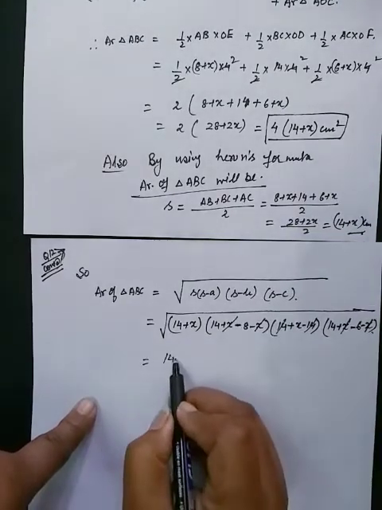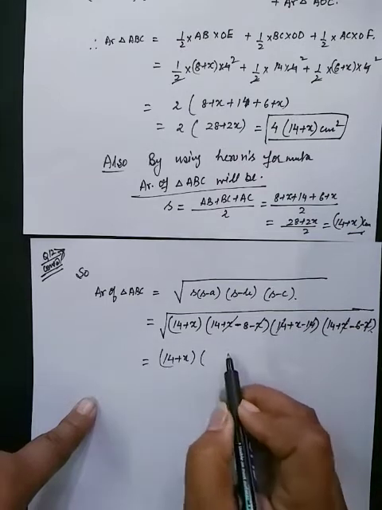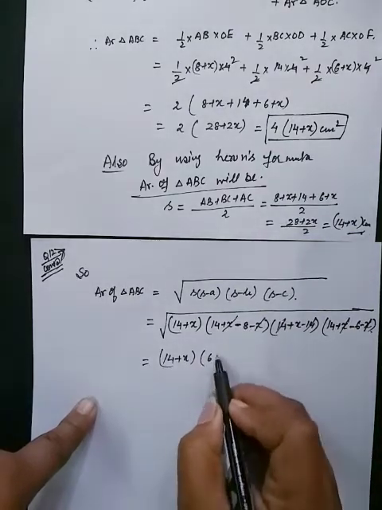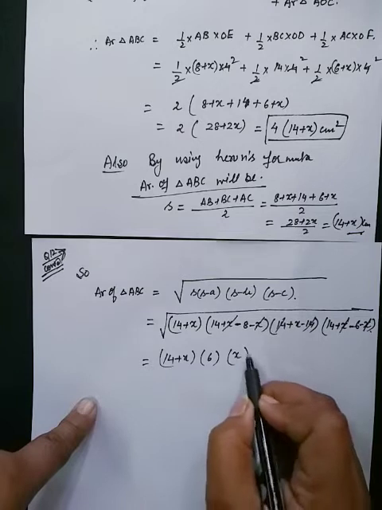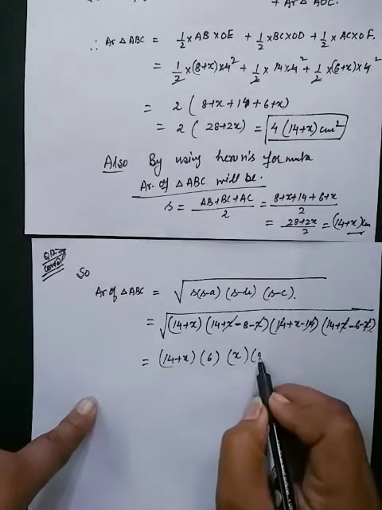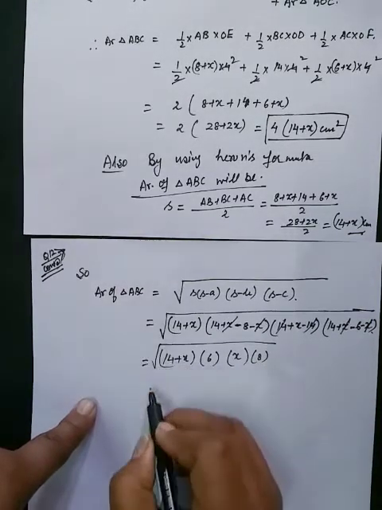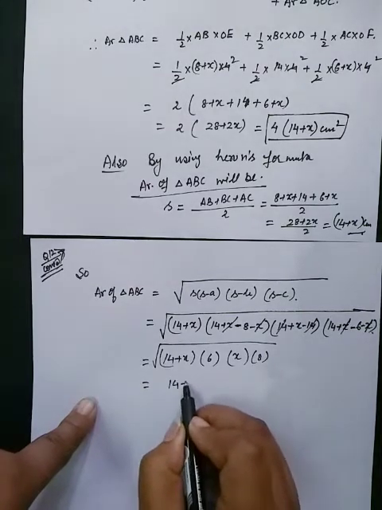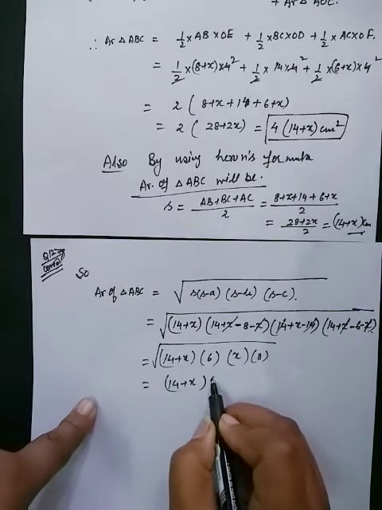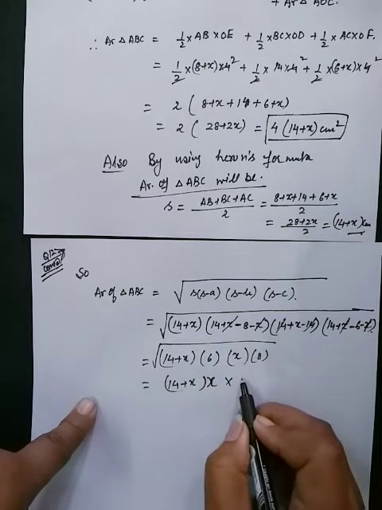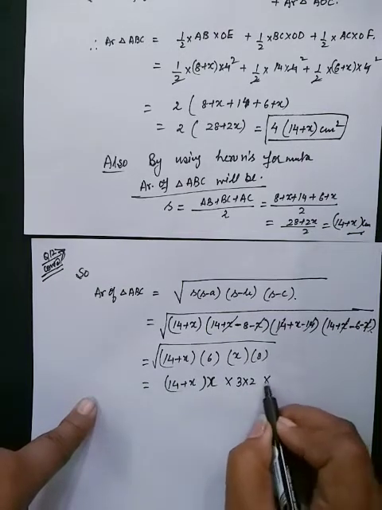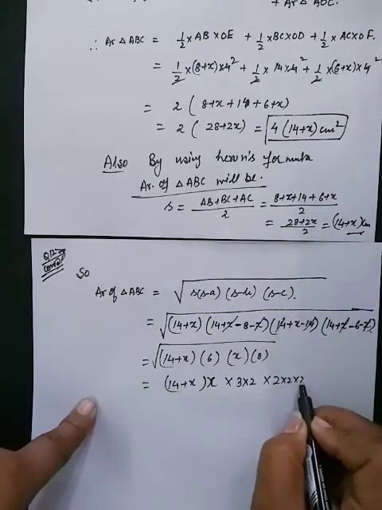So it can be written as the square root of 14 plus x into 14 minus 8, 14 minus 6, x, and 8 whole under the root: 14 plus x into x. We can break 6 as 3 into 2 and 8 as 2 into 2 into 2.